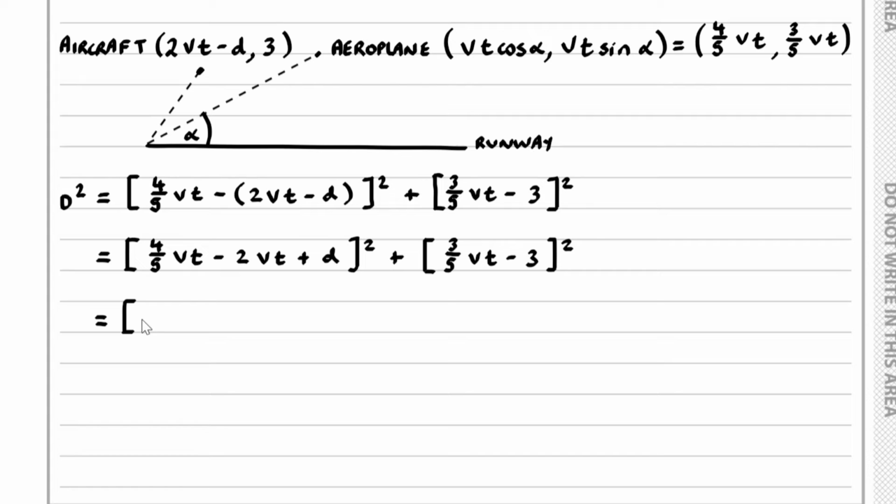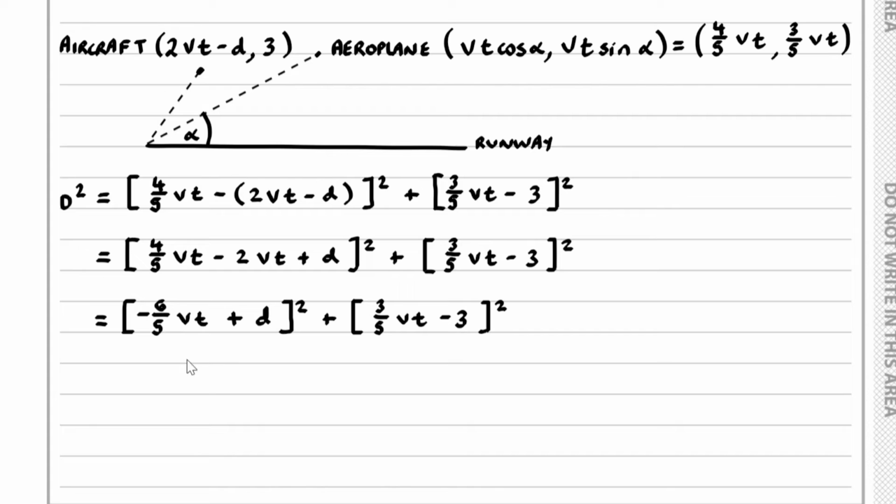That will be minus 6/5 vt, and then we add on d, then this is squared, and then we add on 3/5 vt minus 3 squared.